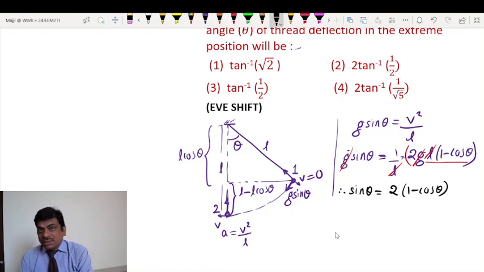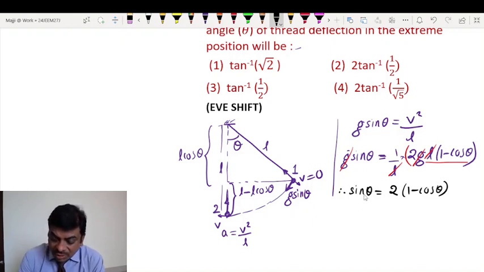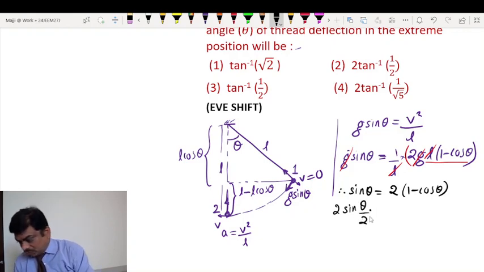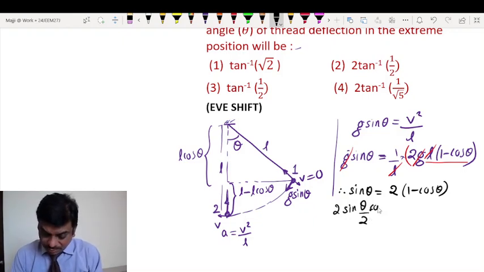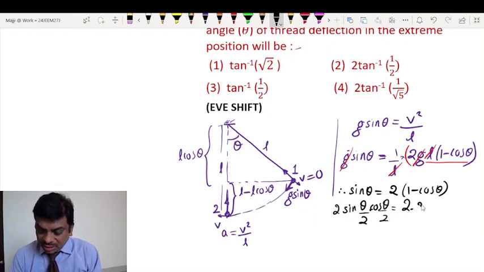So let us reduce this using the half angle formula. So sine theta can be written as 2 sine theta by 2 into cos theta by 2, whereas this 1 minus cos theta can be written as 2 sine square theta by 2.